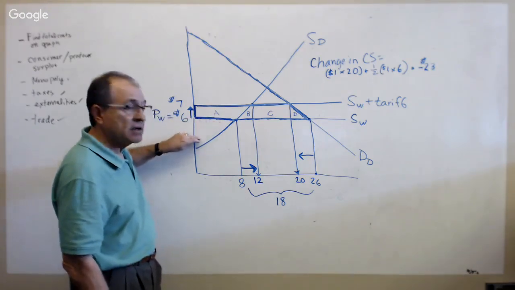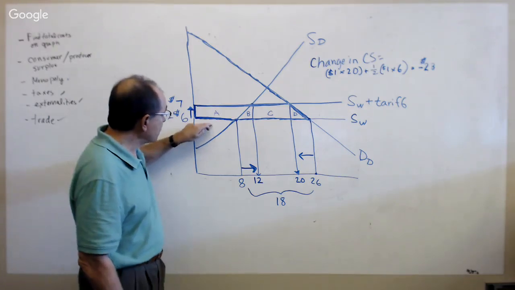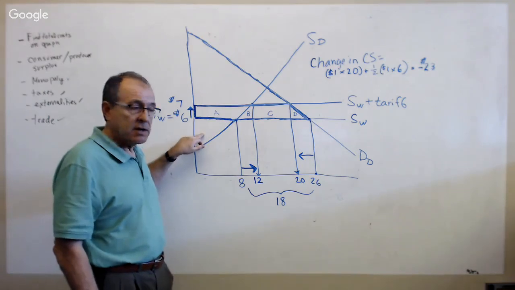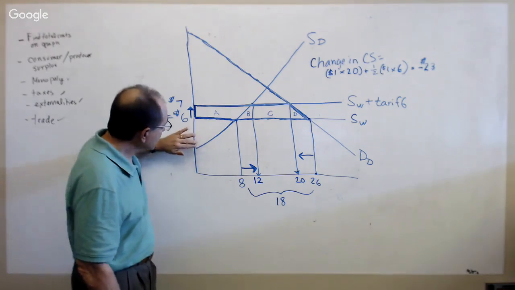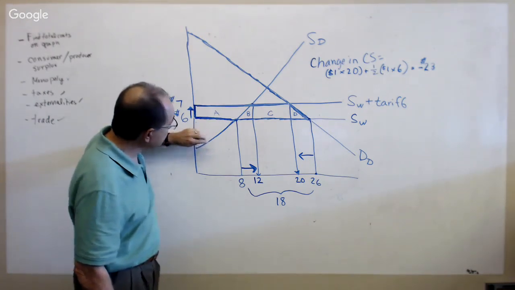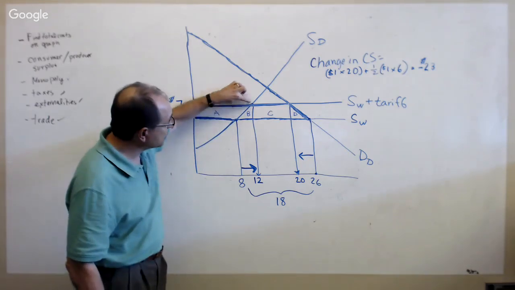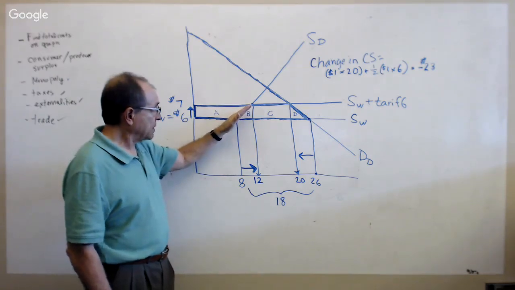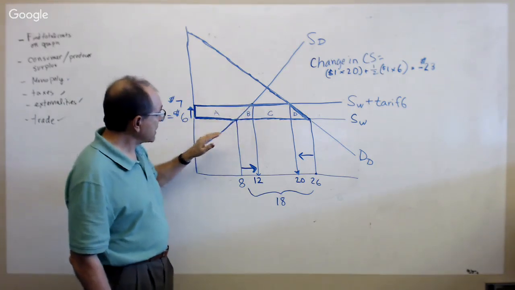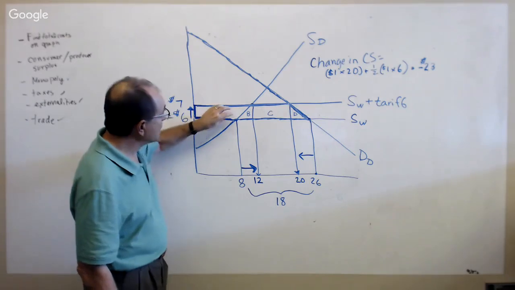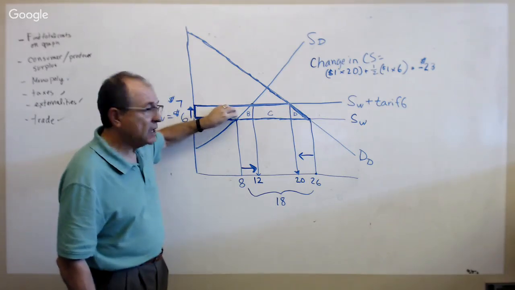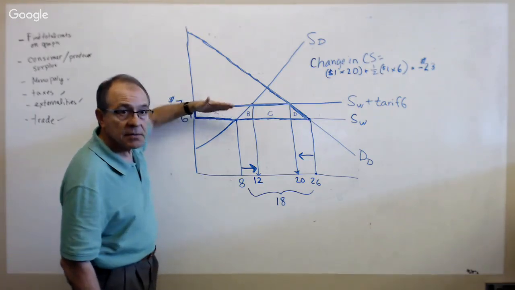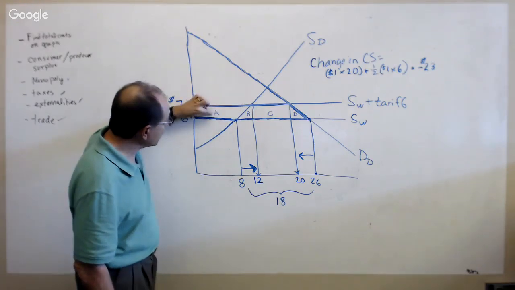Now, with the tariff, producers have expanded production up to this point right here. And so the area above the supply curve is now this original triangle plus this new area labeled A. And so now all we need to do is calculate the amount of dollars involved in area A.